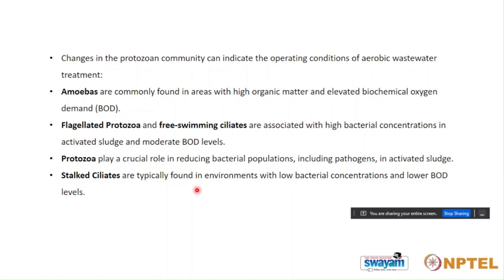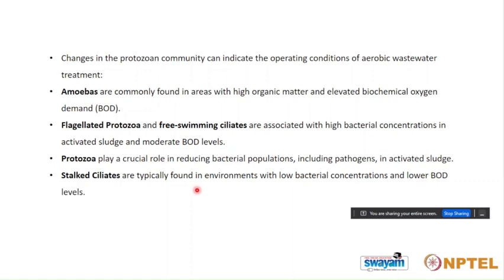If the population of amoebas is high in a particular water matrix, we can say that the water matrix is enriched with organic matter, because amoebas tend to grow where organic matter is present in larger amounts. This can be correlated to high biochemical oxygen demand, BOD.